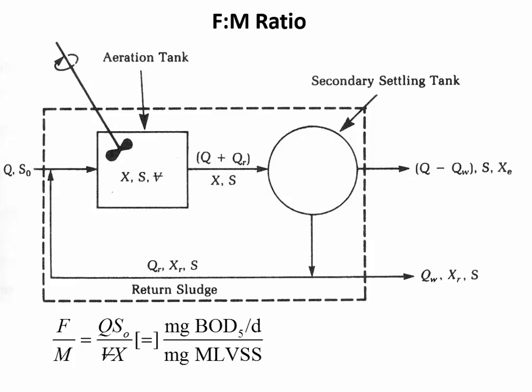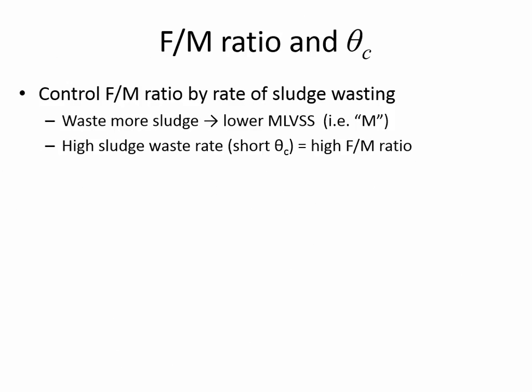It'd probably kill you. So, the food to microorganisms ratio. This is what we'll use to calculate that, and we can control it by how much sludge is wasted. That one valve decides whether the sludge coming down the pipe is wasted or recycled, and the ratio of the two. If we waste a lot of sludge, so we're getting rid of extra bacteria, that lowers the amount of mixed liquor volatile suspended solids present.